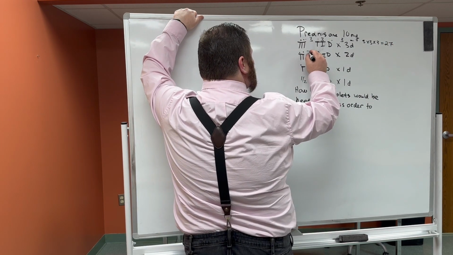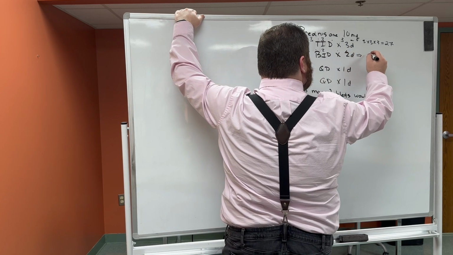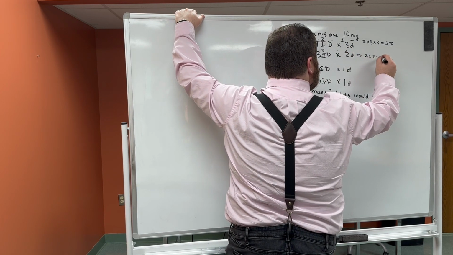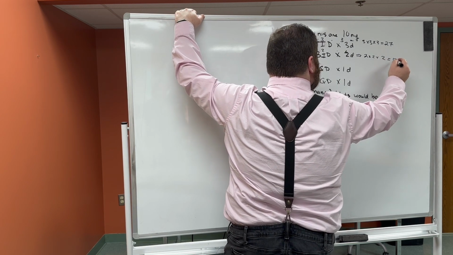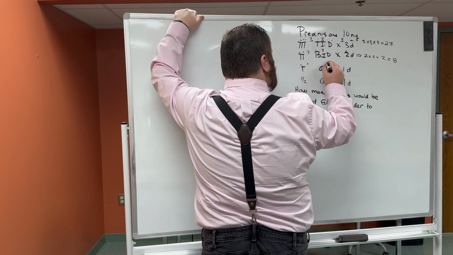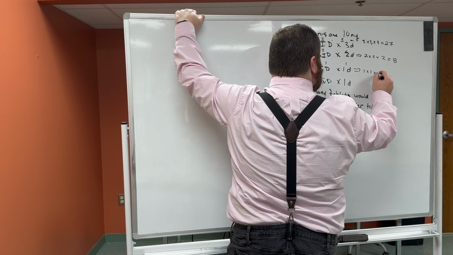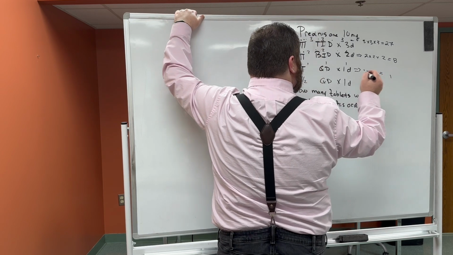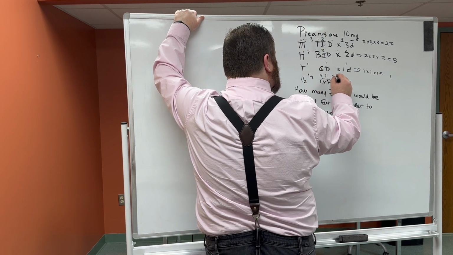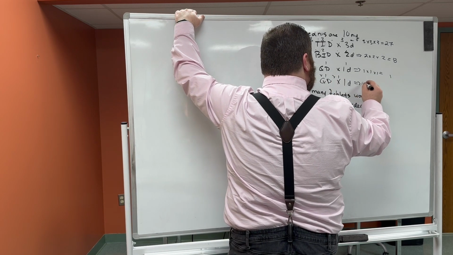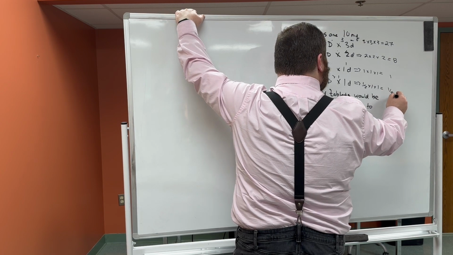Then 2 times 2 times 2 gives us 8. Then 1 times 1 times 1 gives us 1. And then 1/2 times 1 times 1 is 1/2.